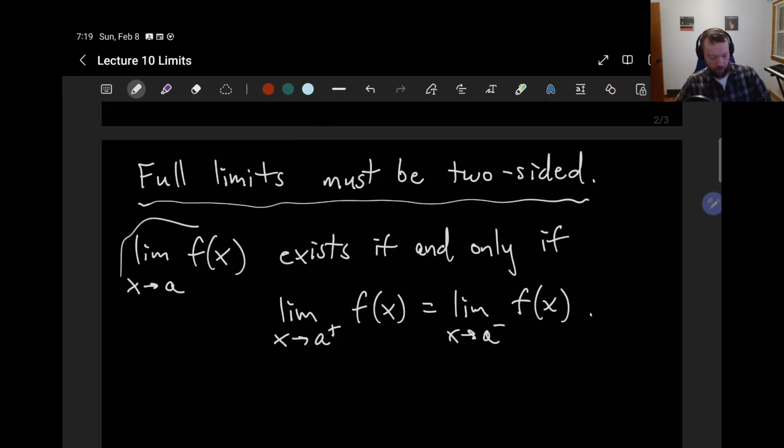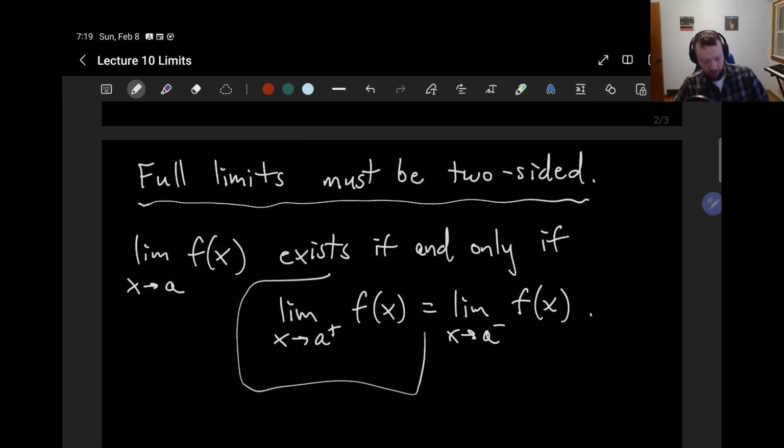So for just a regular plain old limit to exist, you have to get the same thing whether you come in from the right or from the left. So no sudden jump like we had in the previous example.